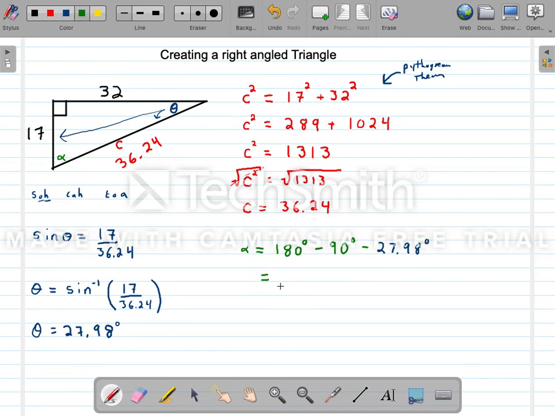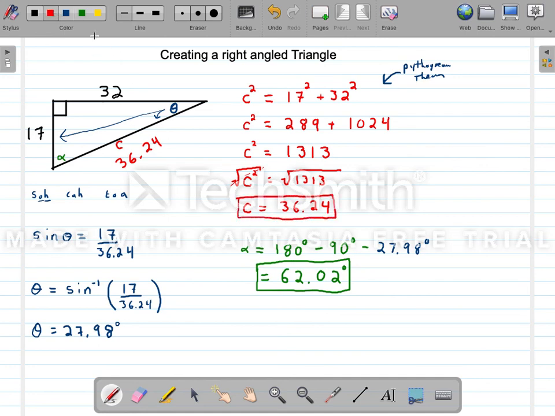So again, using our calculator, we plug that in, okay? So we have the third angle being 180 degrees minus 90 degrees because it's a right angled triangle and we know this is 90, minus the angle we just calculated using trigonometry. It's going to equal 62.02 degrees.